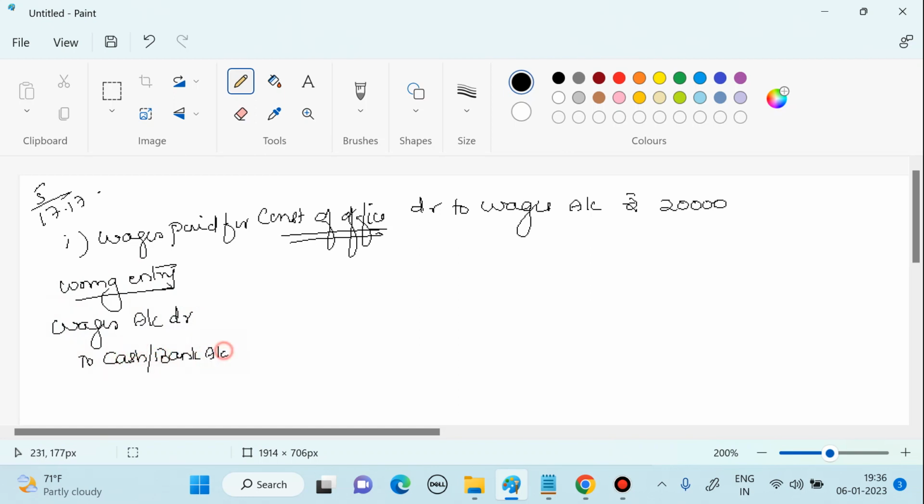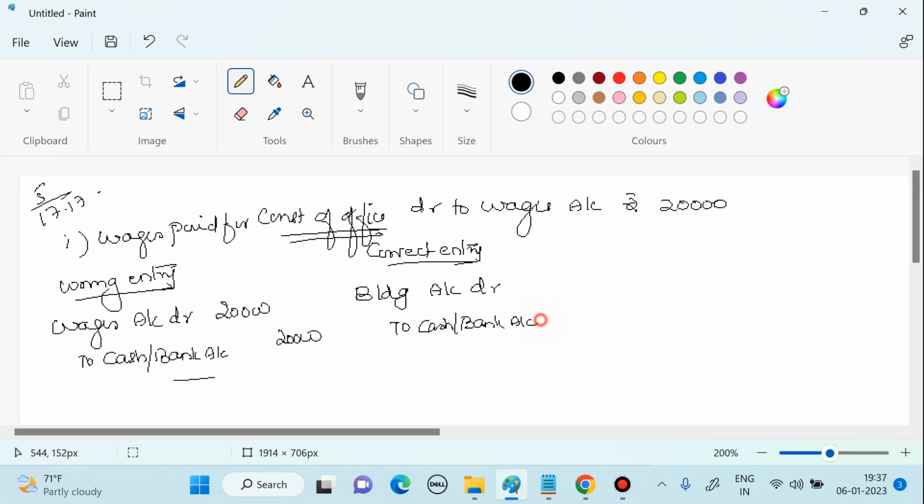But the correct thing would have been to debit the amount to building account, that particular asset which was created, to cash or bank, whatever form it was paid.